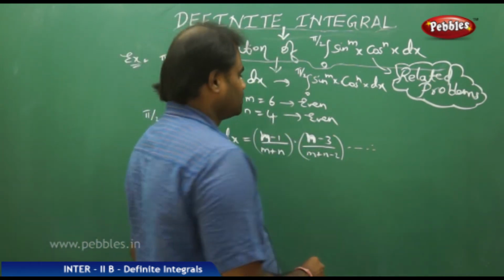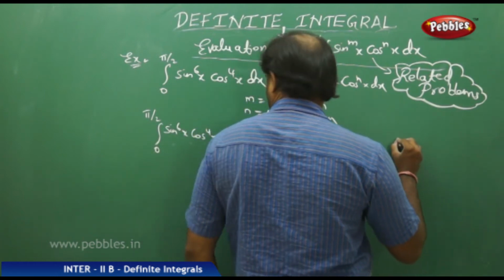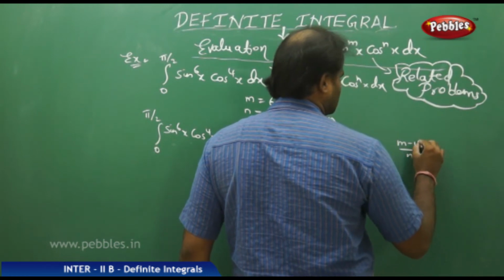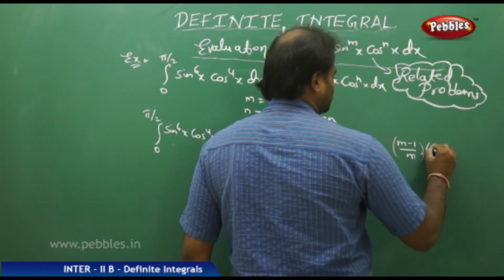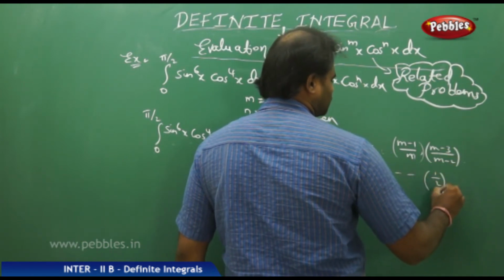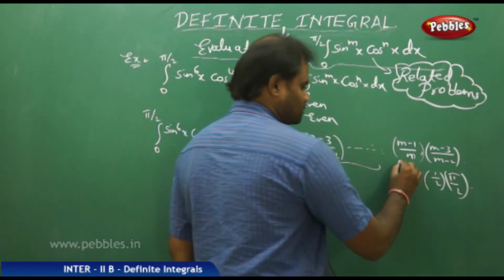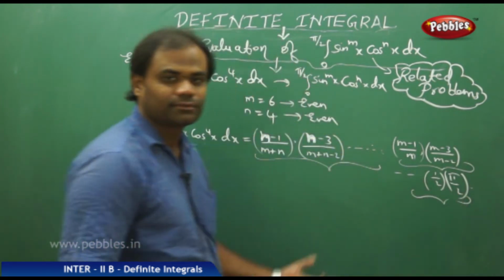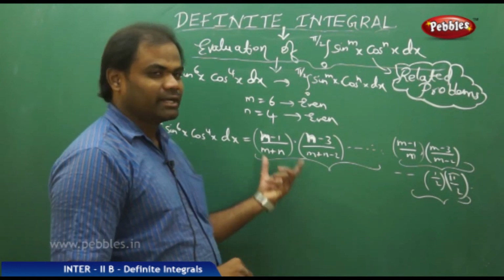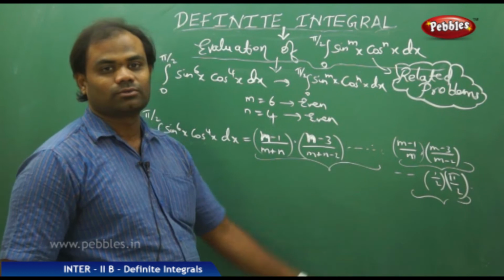Then taking the next pair starting with m even, I get m minus 1 by m and m minus 3 by m minus 2, so on and so forth till 1 by 2 and pi by 2 is what we get for the second set of numbers. So using this, it's easy to simplify when we directly follow from the first term, with each numerator and denominator reduced by 2 terms.